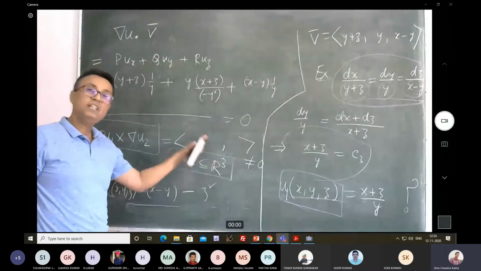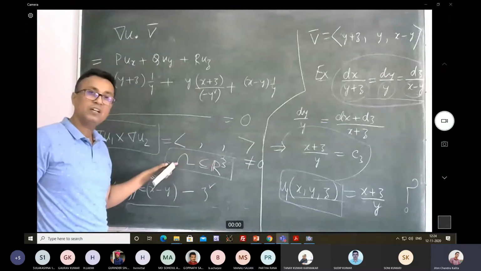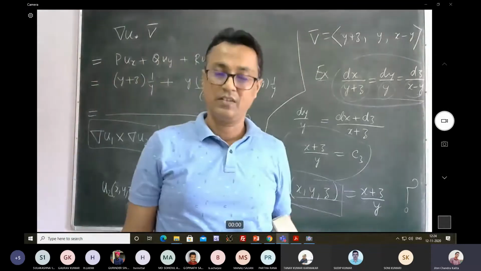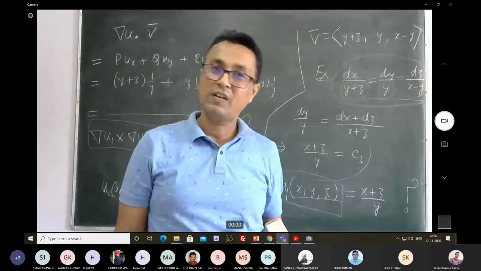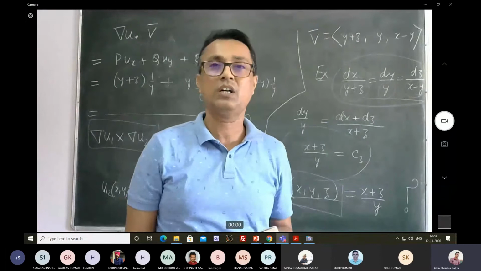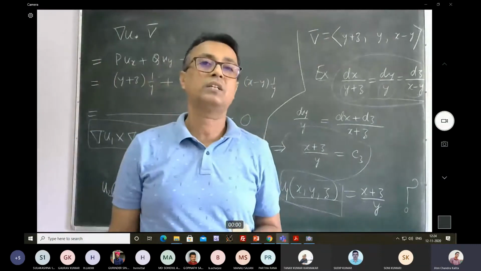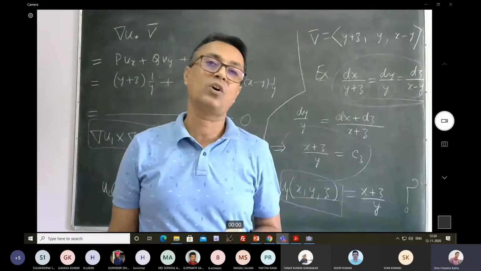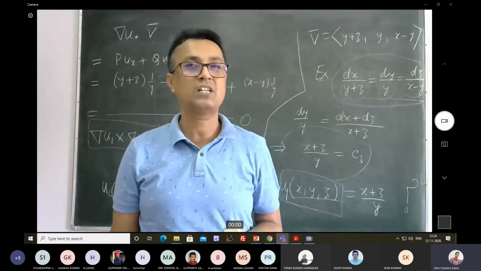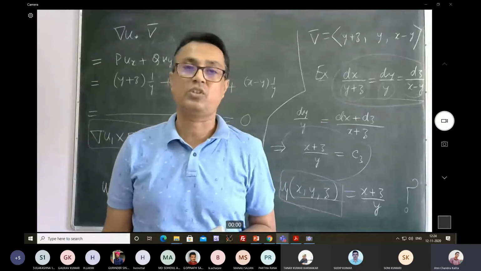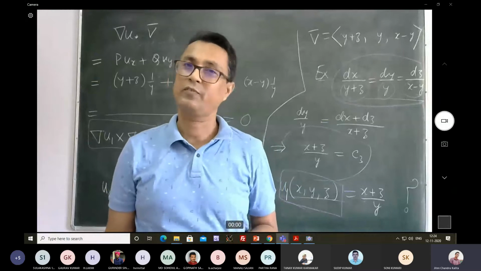In that omega, you will be able to find an integral curve, isn't it? Yesterday I worked out one example, or I told you that if this is non-zero, definitely you will be able to find a curve for which you can have a parameterization. Is it okay with everybody? Fine.